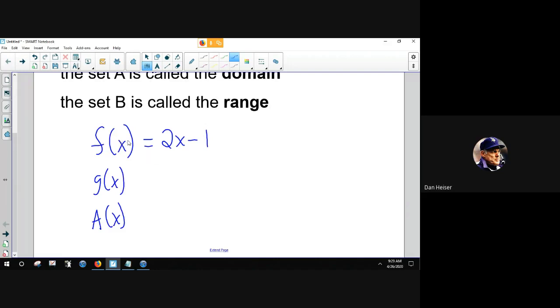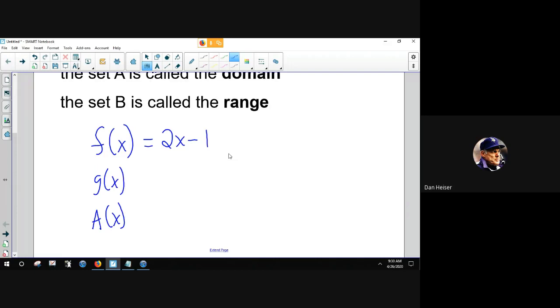F of 3. 3 is inside the parentheses. I plug 3 into this spot, and I get 5. 2 times 3 minus 1. So I have taken the element 3 from the set A, and the rule says it's paired with the value 5 from set B.